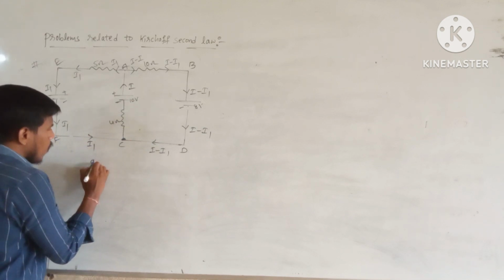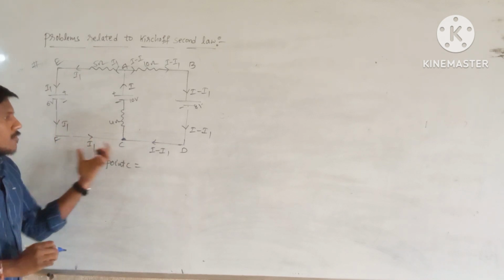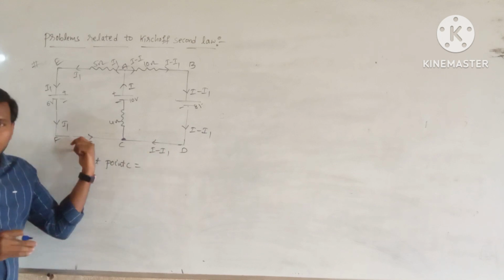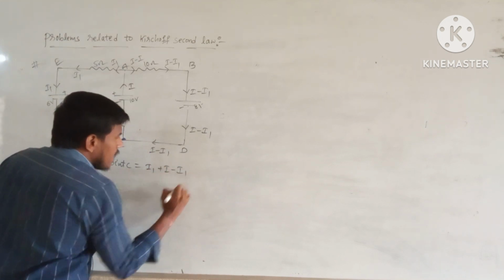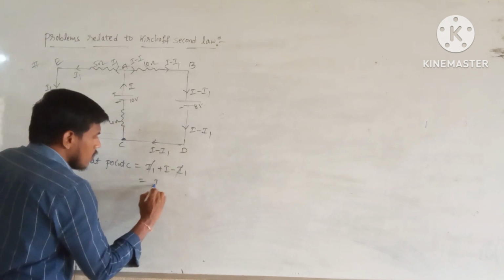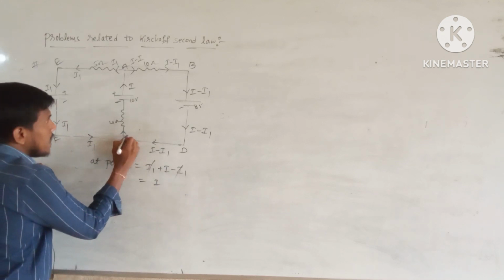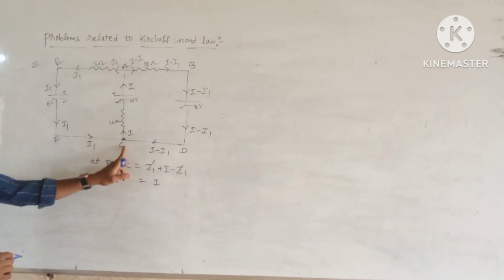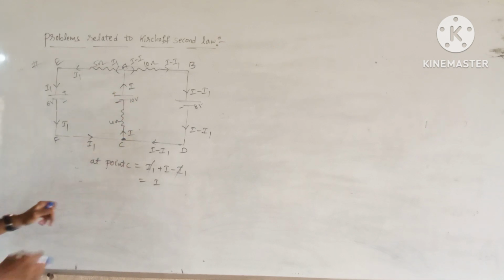At point C, we add these two currents: I1 plus I minus I1. I1 minus I1 cancel, so finally I current should be going away from point C.